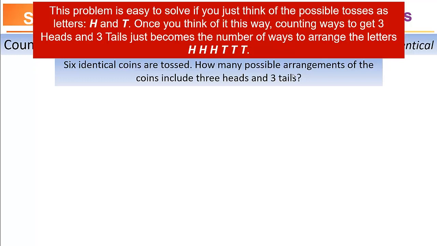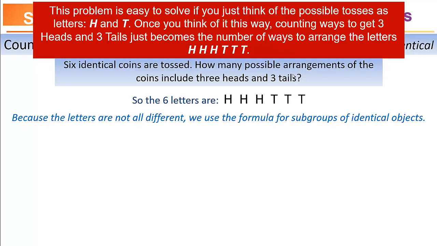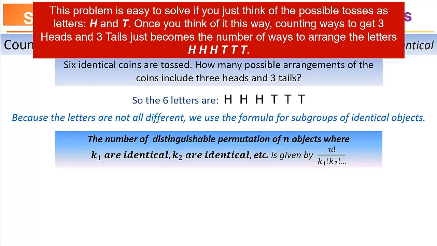Well, that's like a 6-letter word where you have duplicates in the H's and duplicates in the T's, and the formula we just learned a minute ago applies here. You've got 6 objects, but they're not distinct. So you take n factorial, that's just the raw count. 3 H's, 3 T's, 3 plus 3 is 6.